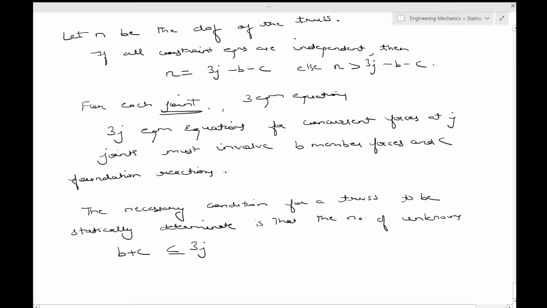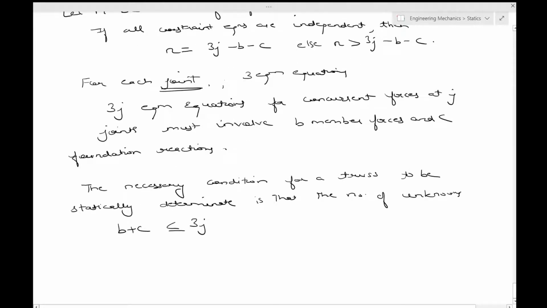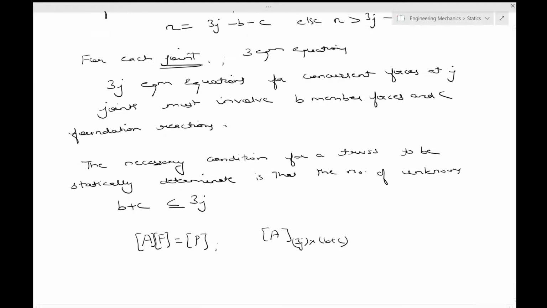If you want to arrange all these equations as a system of linear equations in matrix form, A will have a size of 3j cross b plus c. F will have b plus c, these are the so-called unknowns.